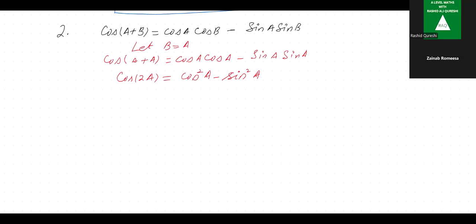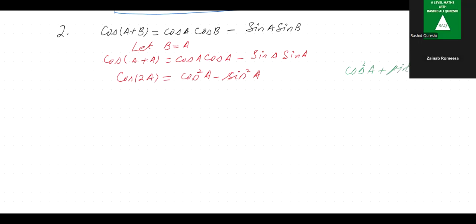In AS level, we have this information: cos square of A plus sine square of A is always equal to 1.